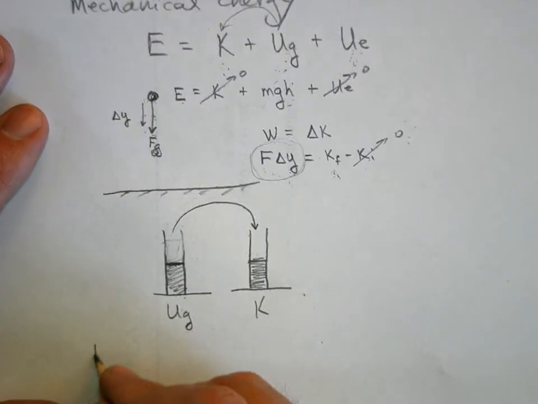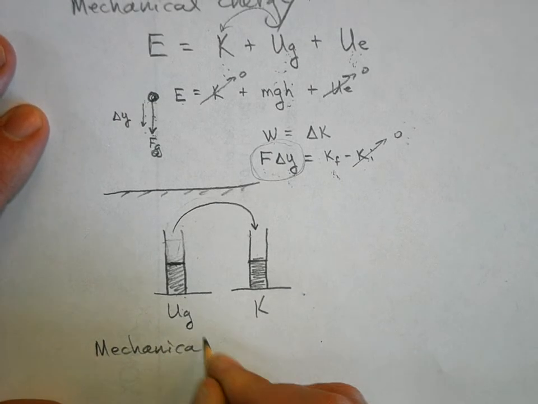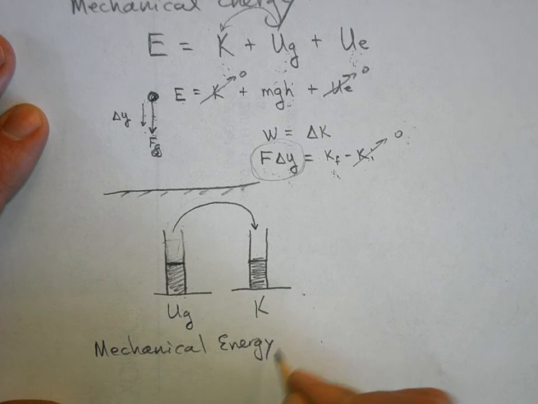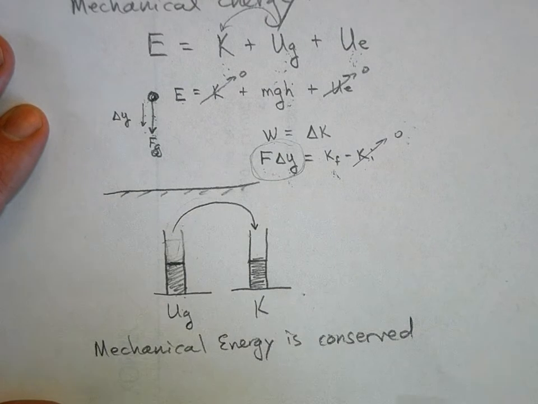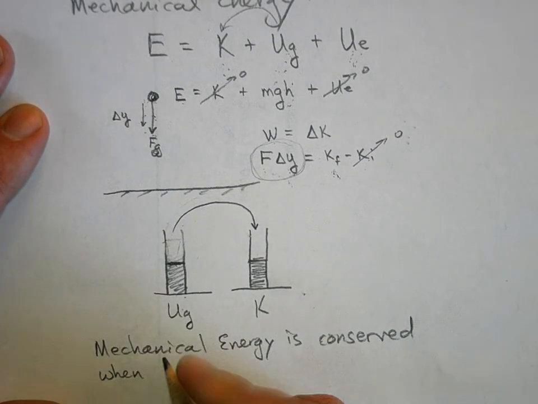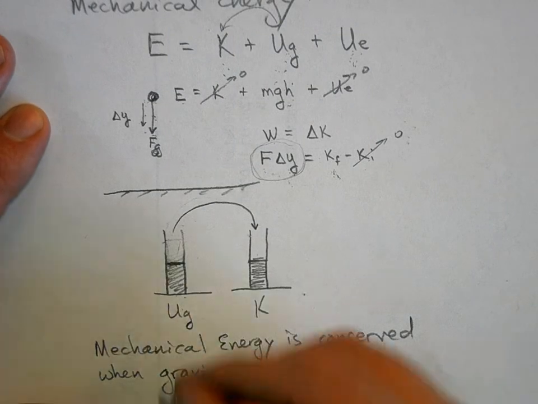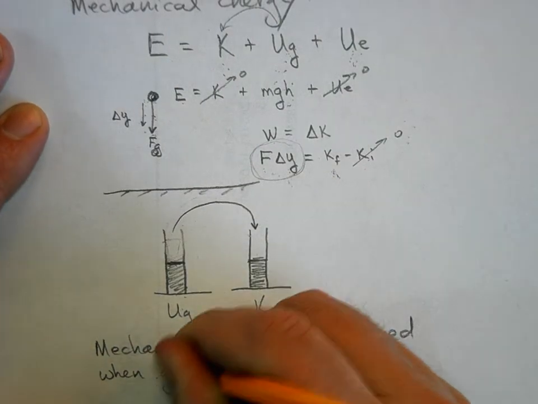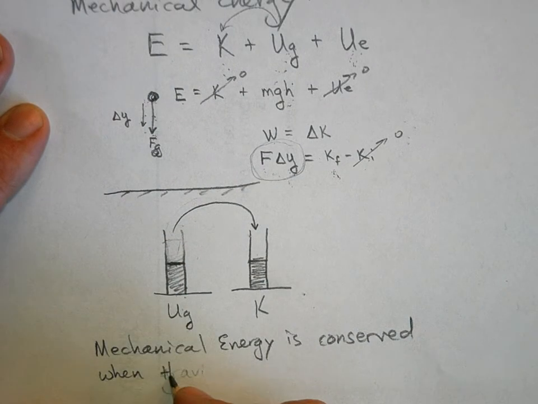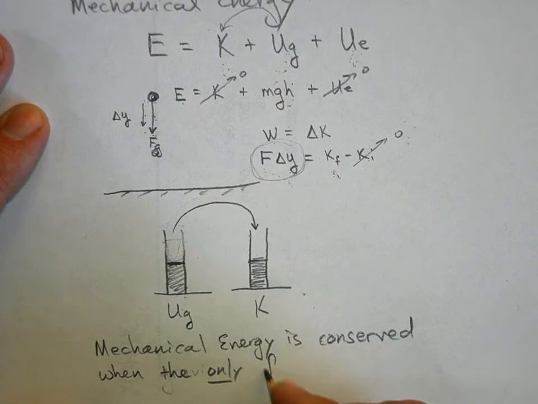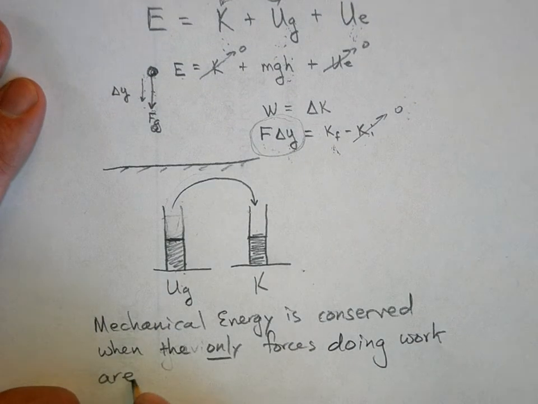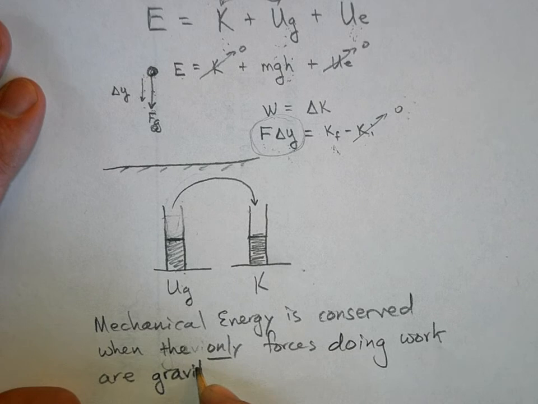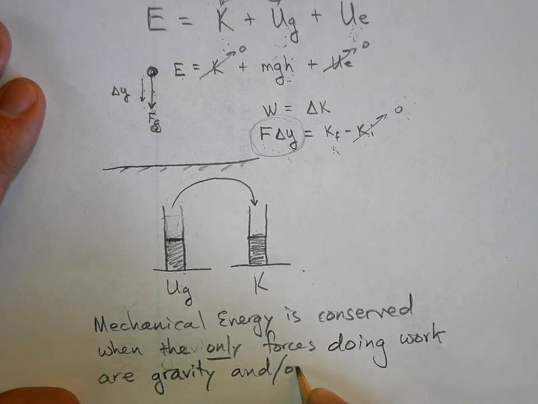But mechanical energy is conserved. That is, the total amount of the mechanical energy doesn't change when, let me change this a little bit, when the only forces doing work are gravity and/or springs.